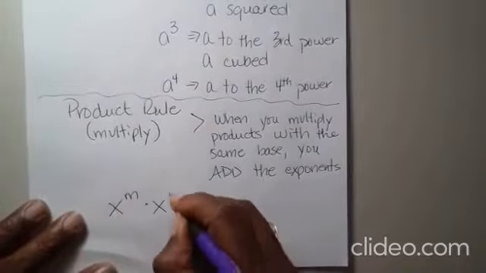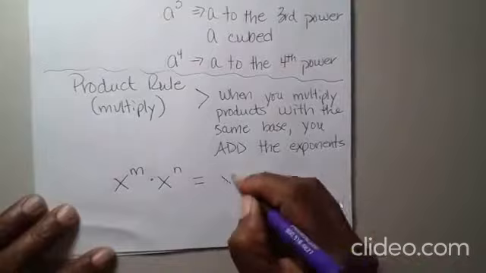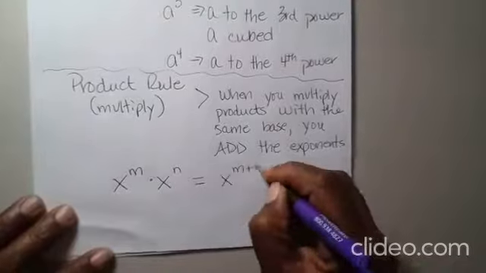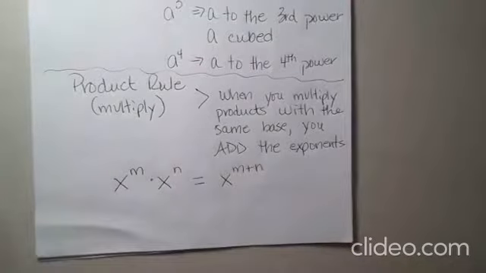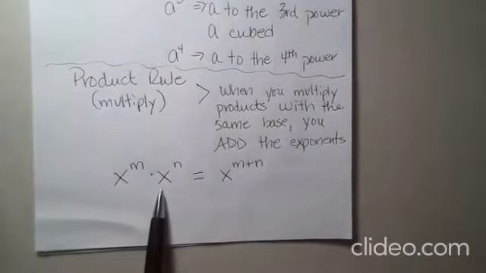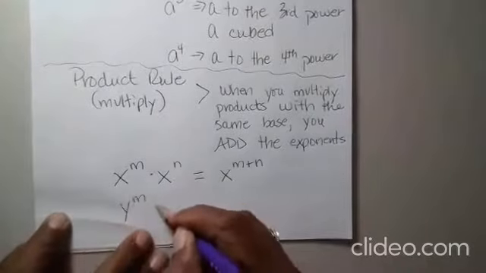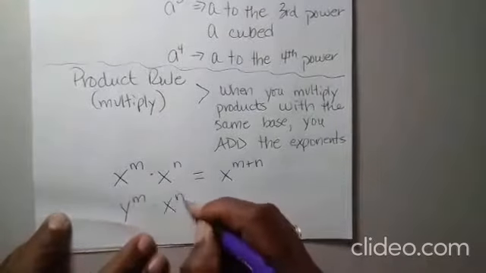X to the m times x to the n is x to the m plus n. You add those exponents. Notice that you had to have the same x here as the base. This does not work if you have, for example, y to the m times x to the n.